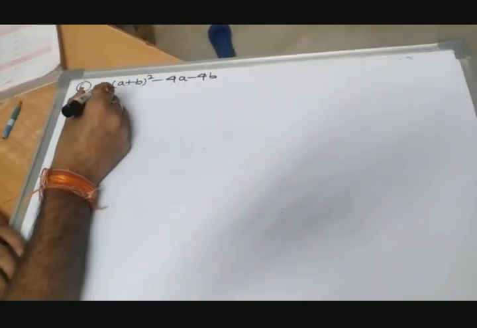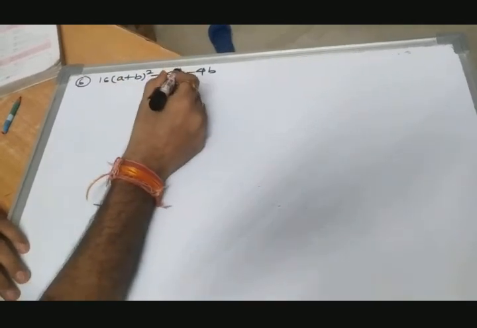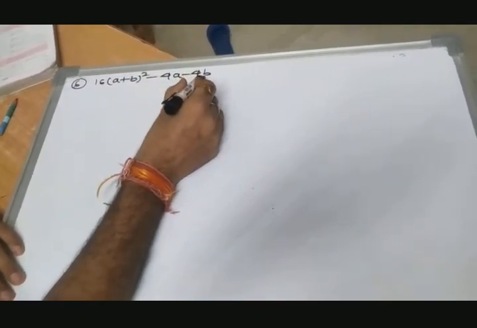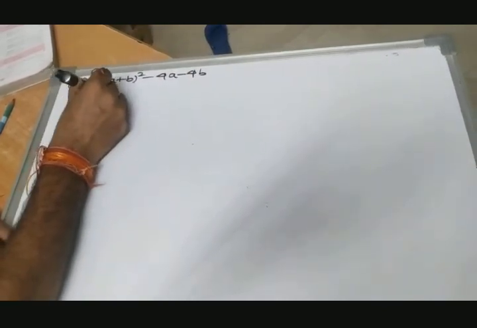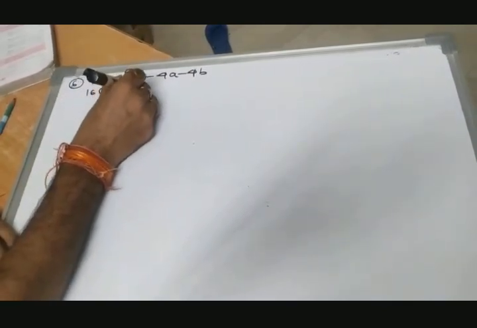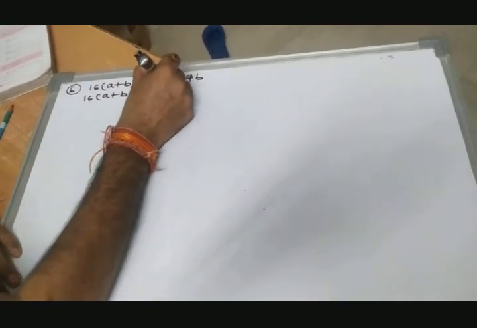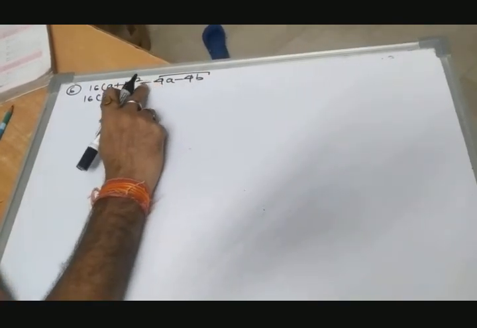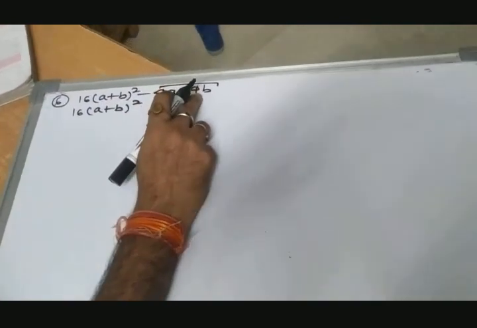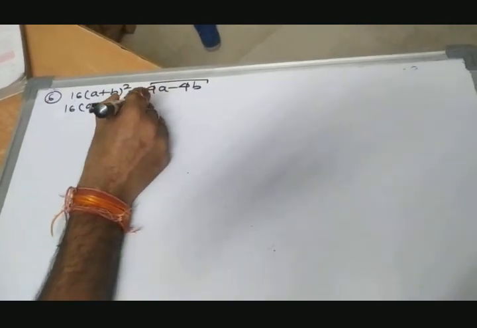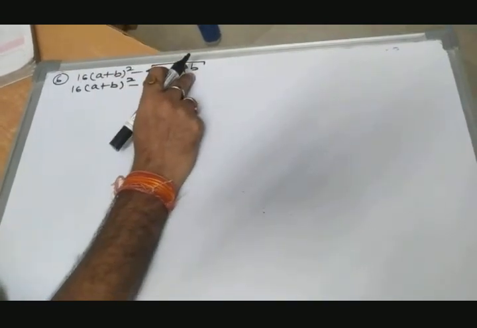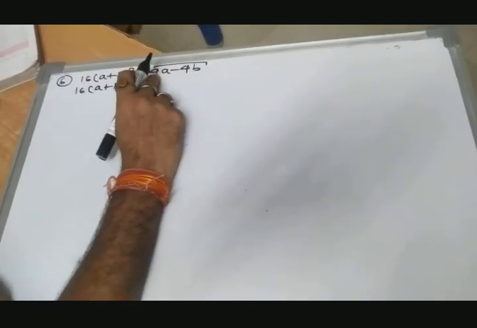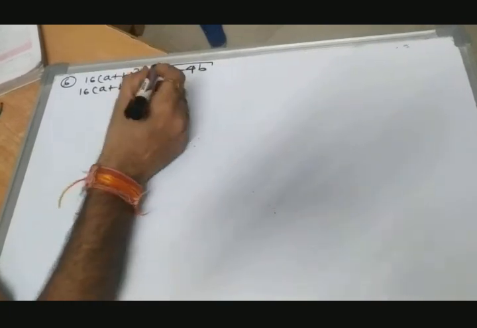Now we will discuss question number 6. It contains 16 times a plus b whole square, and second term contains minus 4 and third term also contains minus 4. So we have 16 times a plus b whole square as it is. But last two terms contain negative sign, so we have to take negative as the common in each, third term and fourth term, because both terms contain negative sign.